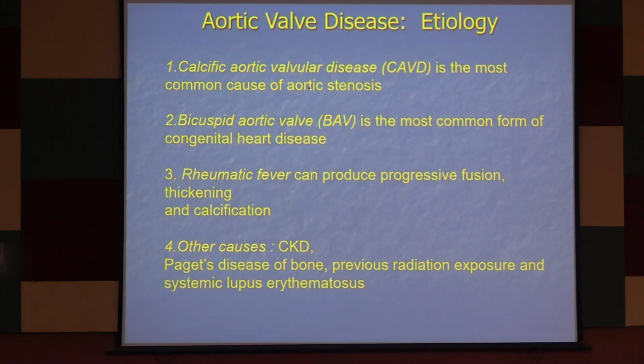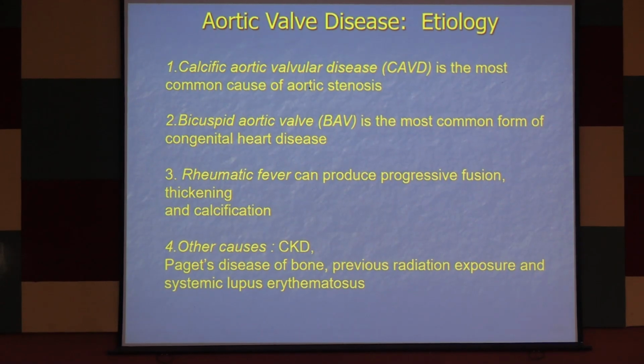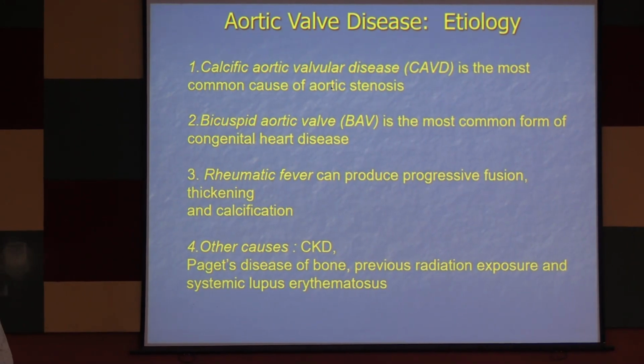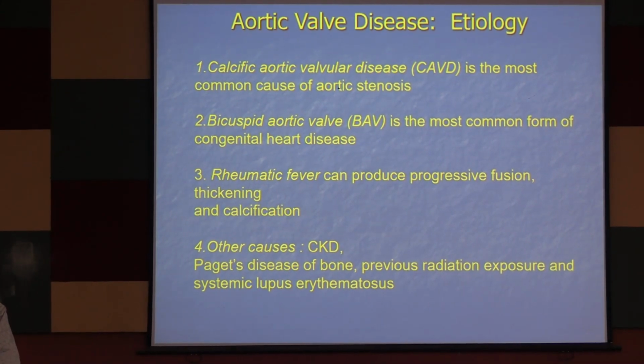Second pathology is bicuspid aortic valve, the most common congenital heart disease in the adult population. It has a genetic basis with autosomal dominant inheritance with incomplete penetrance. Male-female ratio is 2:1. Usual age group is 10 to 20 years.